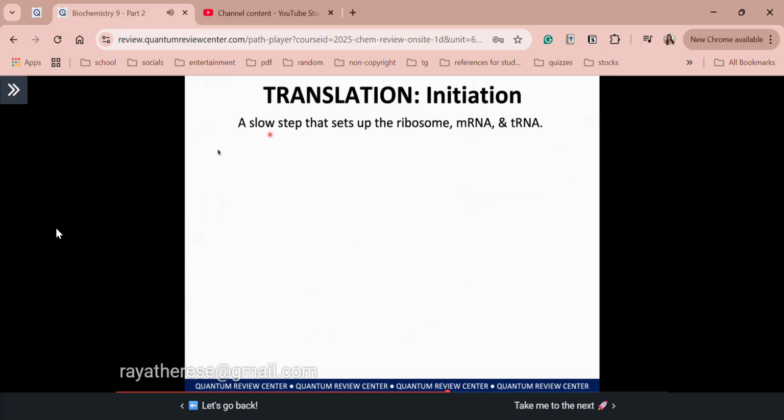Here, for the translation, our initiation step is the regulatory point, and actually, this is the slow step because it sets up fully your ribosomal complex along with your mRNA and tRNA. So literally, class, that's your initiation complex.